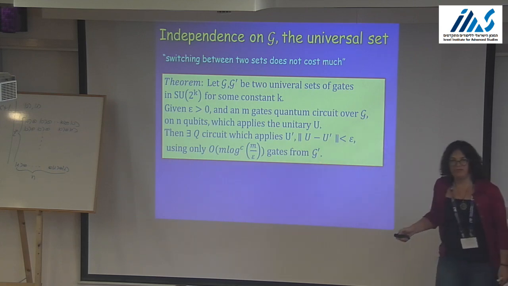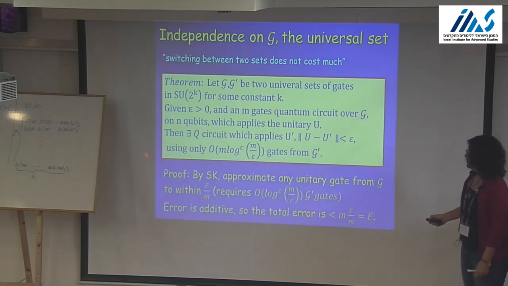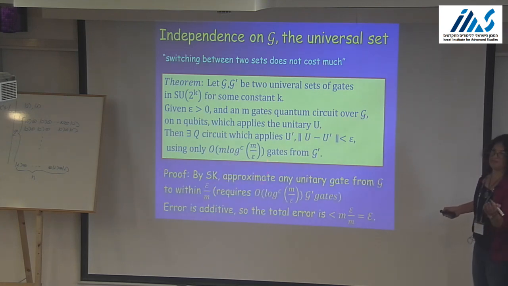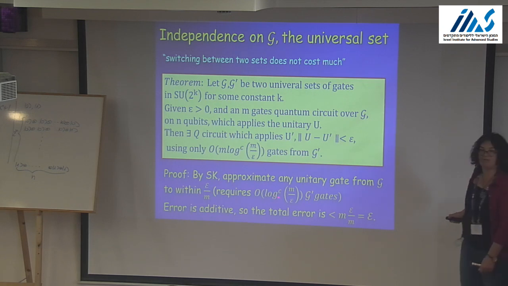And the proof is very easy. Given Solovay-Kitaev, it's very easy. Approximate any unitary gate from G in this circuit up to epsilon over m, and that requires only polylogarithmically many gates.